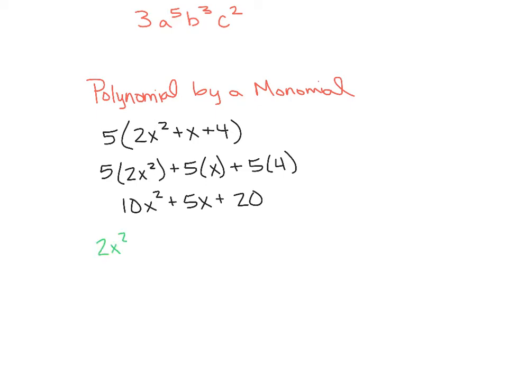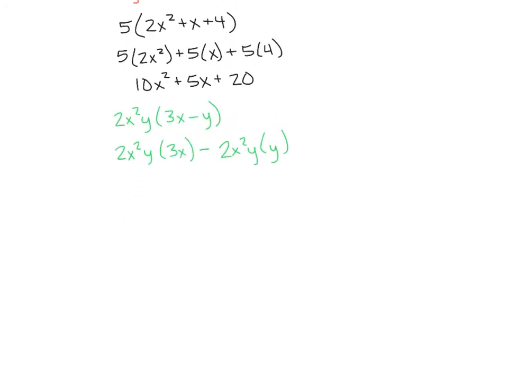Next one is 2x squared y times 3x minus y. So same thing, we're going to distribute 2x squared y times 3x, bring down our minus sign, and 2x squared y times y, and then we're going to multiply our constants, so 2 times 3.